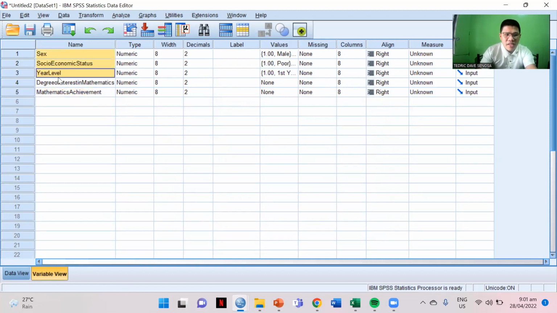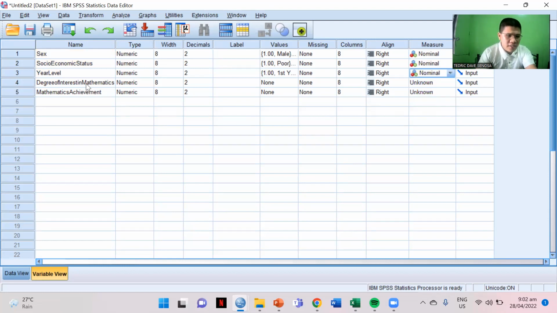Since all of this is categorical data, when I say categorical data, the groups are in descriptive terms, and they are categorized according to their specific characteristic. For example, for sex, the female are grouped together and the male are grouped together. So all the categorical data here will be changed into nominal measure.